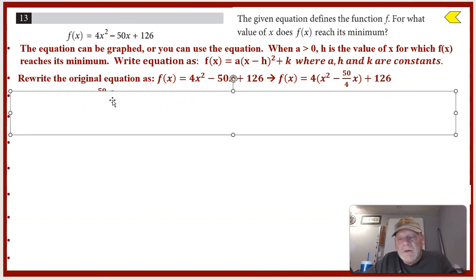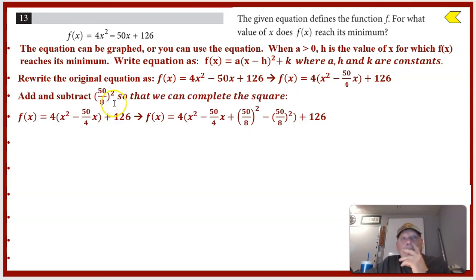All right. So now we'll go to the next part. I can add and subtract 1/2 of this. So 1/2 of 50/4 is 50/8. And then we'll complete the square.